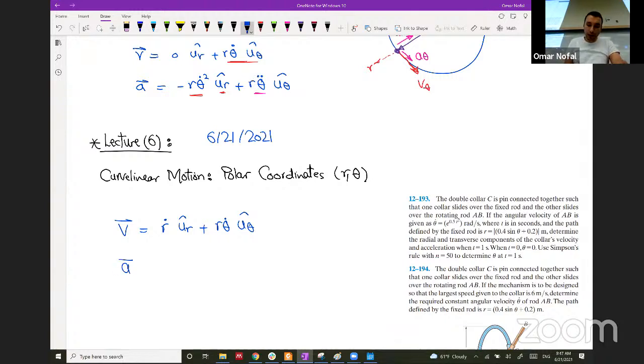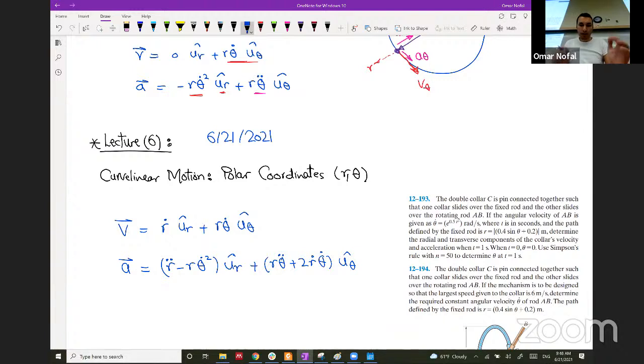If you differentiate this with respect to time, it gives you the acceleration: r double dot minus r theta dot squared in the direction of u_r hat, plus r theta double dot plus 2 r dot theta dot in the direction of u_theta hat.